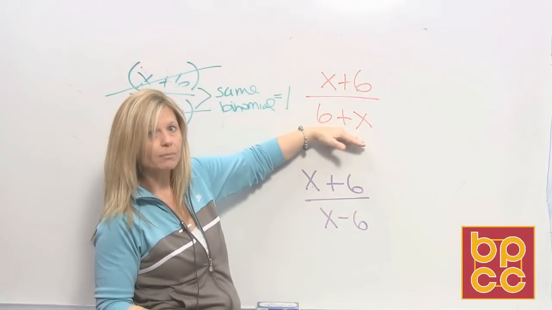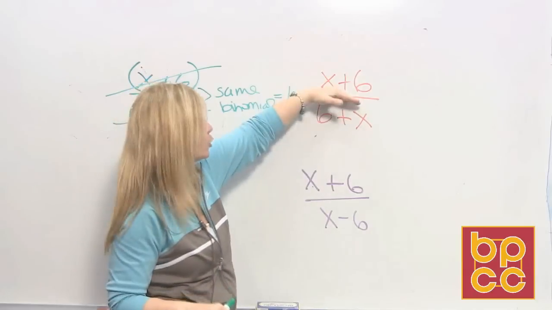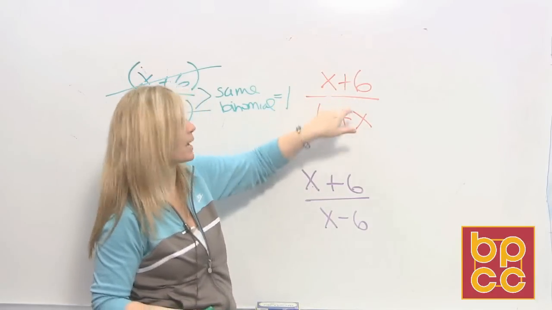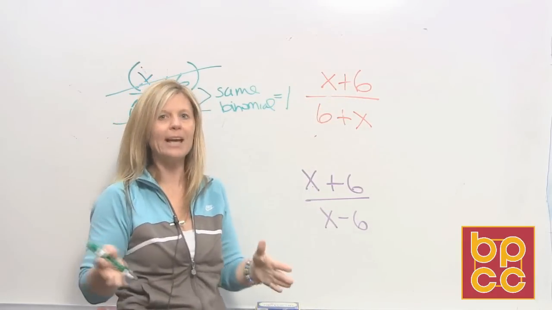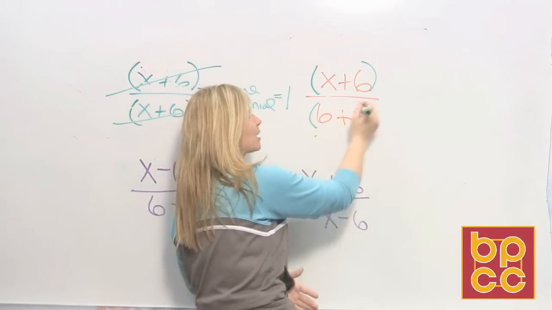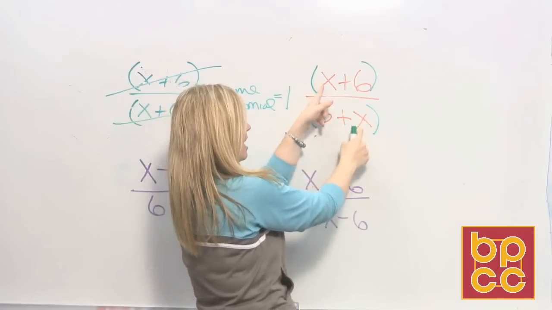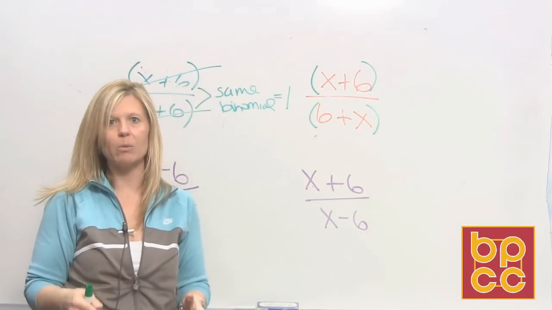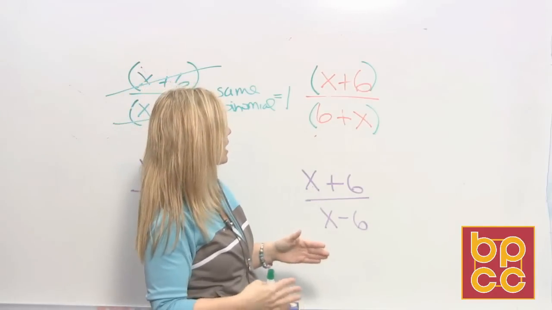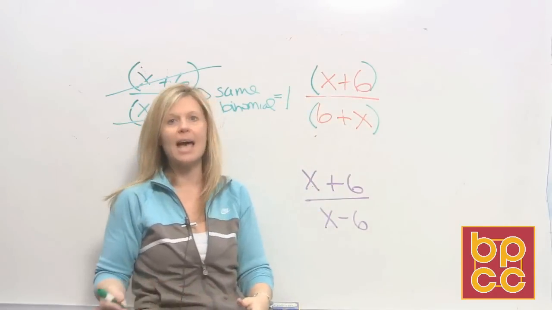Let's go over here. Example 6. I want to do division. First thing, to do division, I have to be connected by multiplication. That is not multiplication. That means these terms are stuck together. They cannot come apart. You can't just divide the numbers and then the letters. It doesn't work that way. So what you got to do is you got to say, okay, what do I know about x plus 6 and 6 plus x?